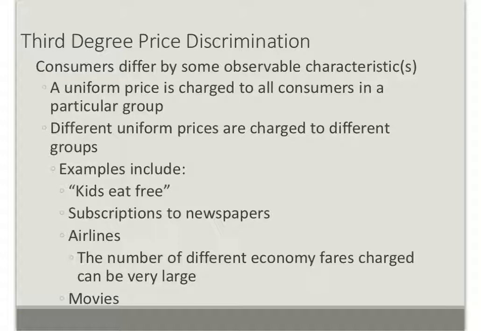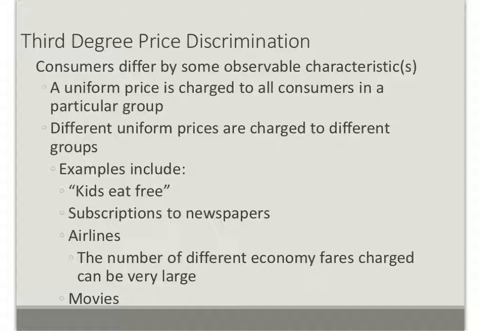So think of a 35-year-old female walking in. I don't know her income, I don't know her preferences, I don't know all these other things that would help me peg her own unique value of the good. All I know is she's a 35-year-old female. So under third degree price discrimination, we're going to charge different uniform prices to different groups.